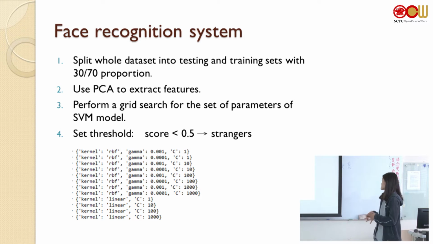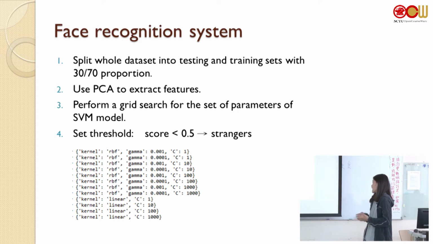In our system, there are four steps. We split the whole data into training and testing, and use PCA to extract our features. Then we use the SVM model to get the score. If the score is smaller than 0.5, it means the robot doesn't know who this person is, a stranger.